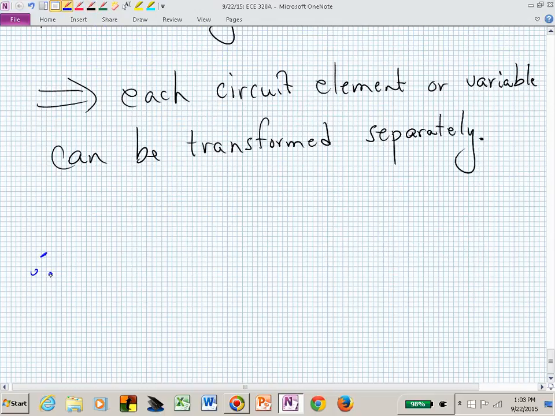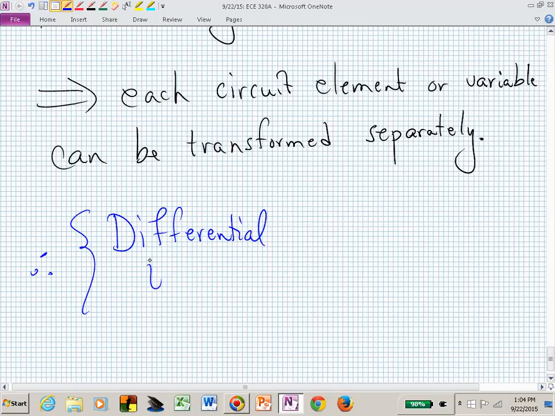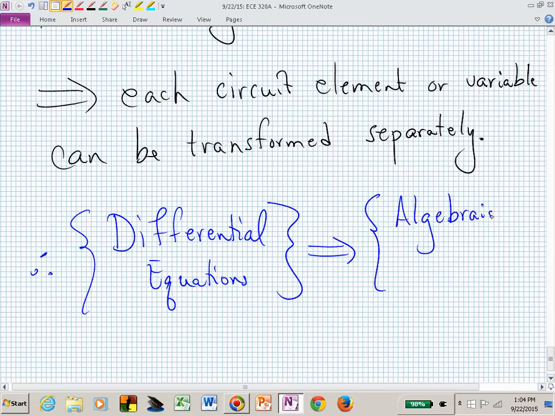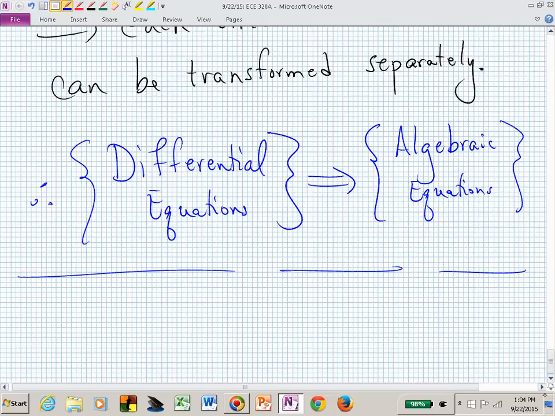And that gives us our main result. That is, differential equations can be transformed into algebraic equations, and we can now do algebra to solve these more complicated differential equations.